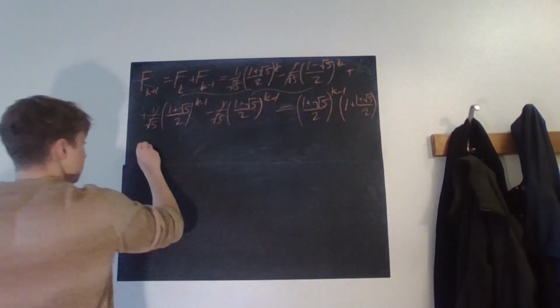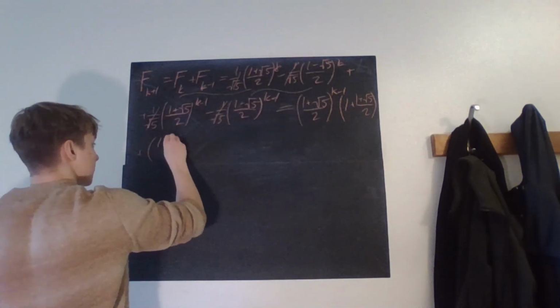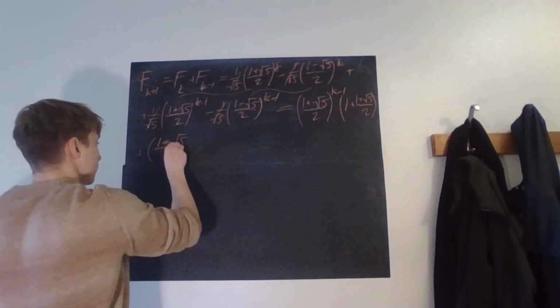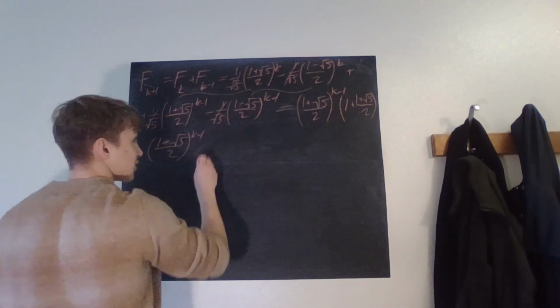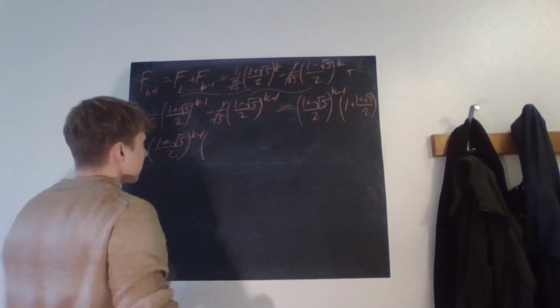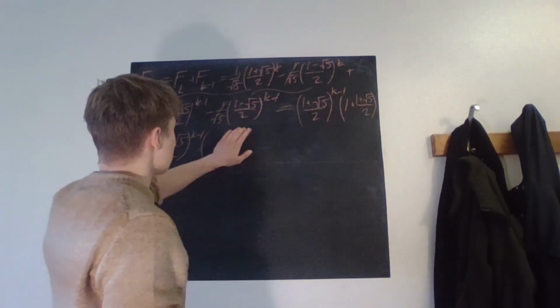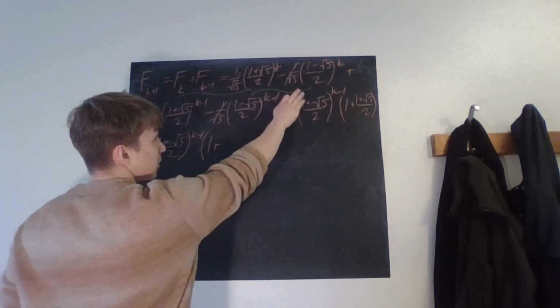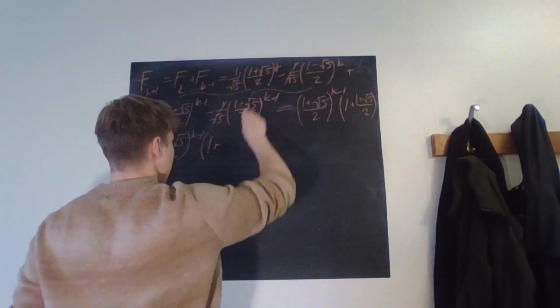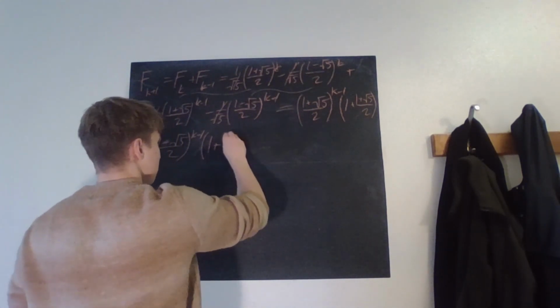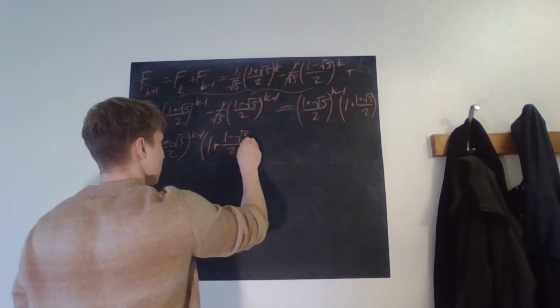And then we do the exact same thing with the other one also, so it's (1 minus square root of 5 over 2) to the power of k minus 1, and then, sorry, it should be a minus sign, so here we just add 1, and there we add the minus golden ratio, so 1 minus square root of 5 over 2.